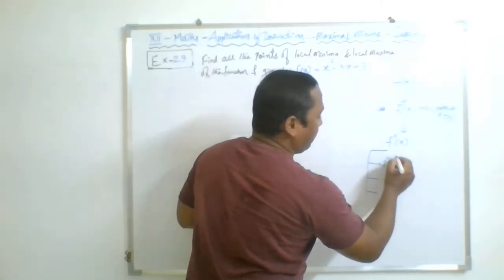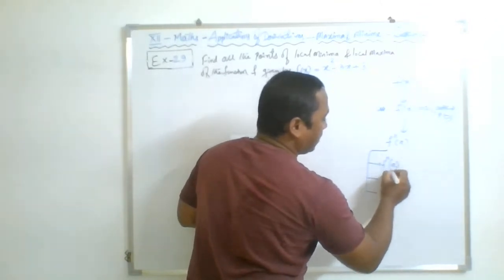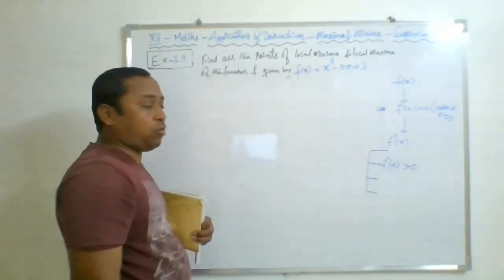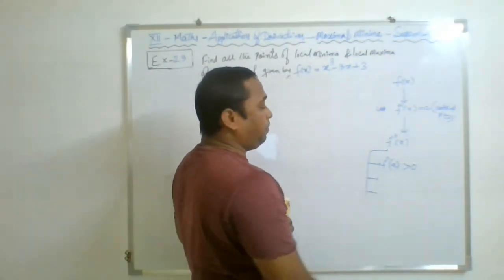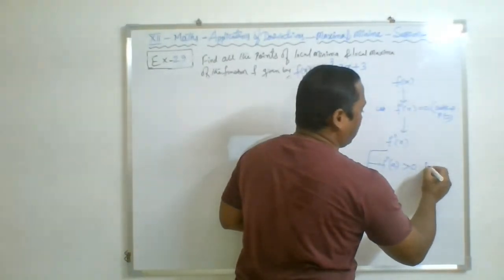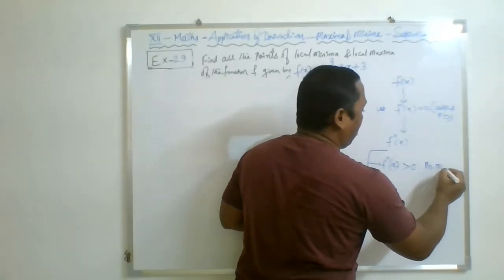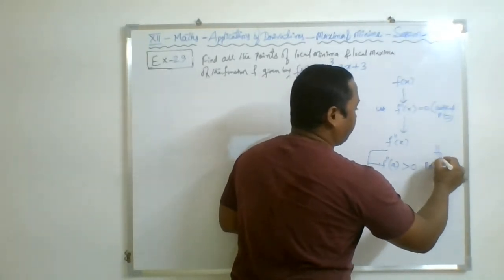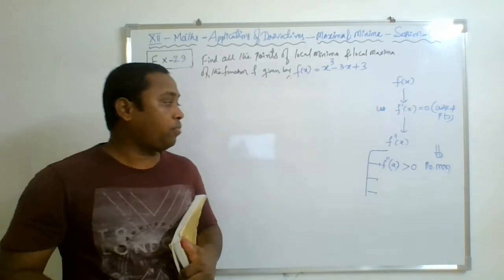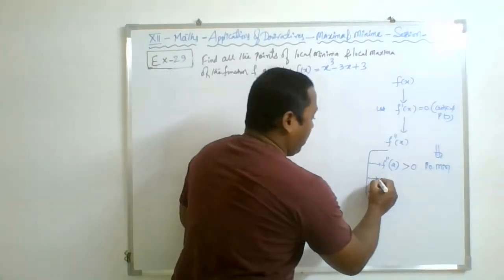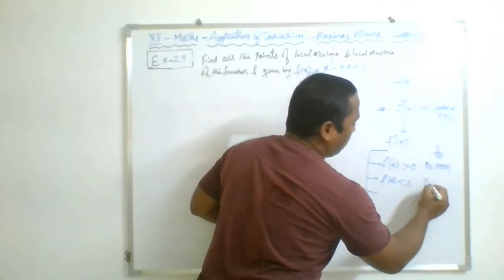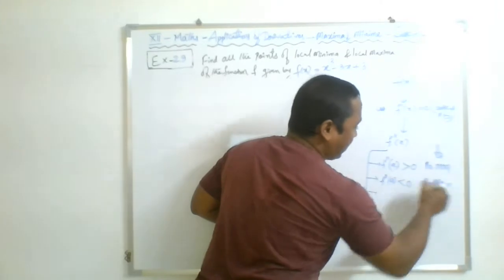If the double derivative at a particular critical point is greater than 0, meaning it is positive at that point, then this will be a point of minima. Remember the reverse case. If the double derivative is positive, then it is called a point of minima. If the double derivative is negative, then it is called a point of maxima, reverse.